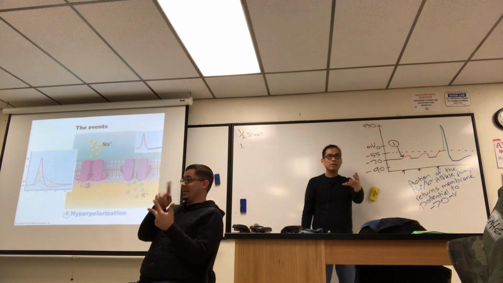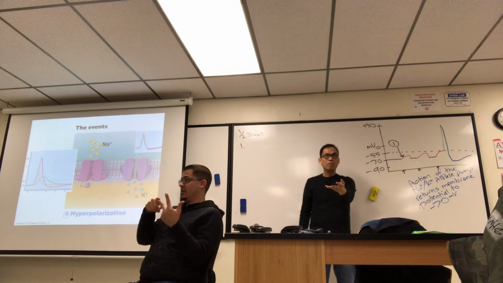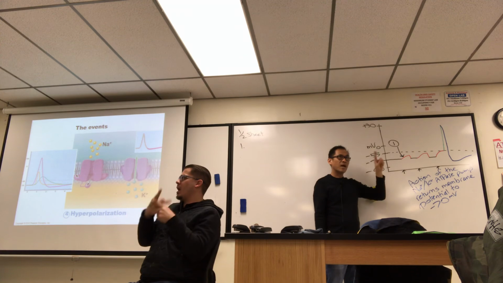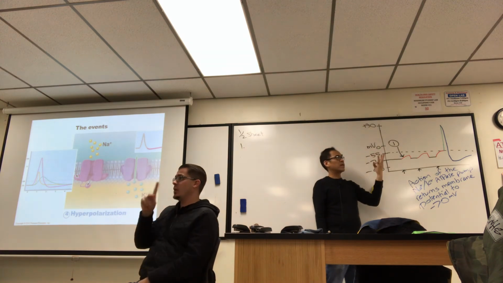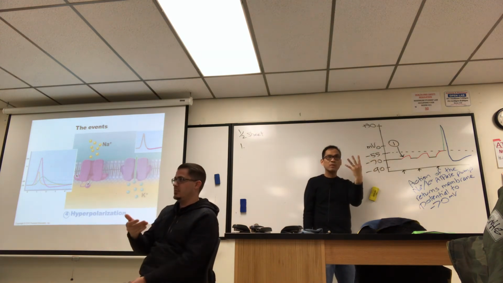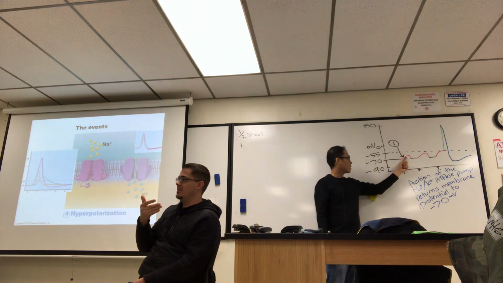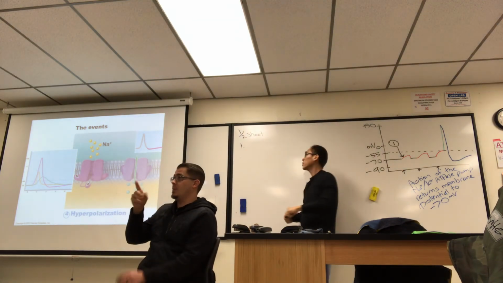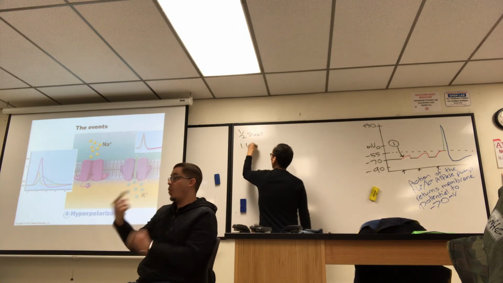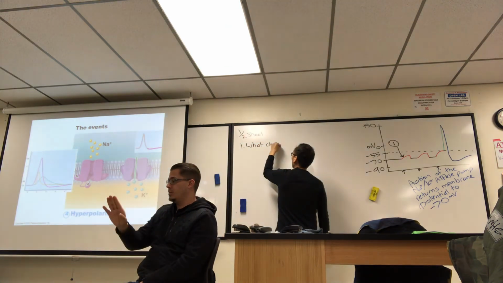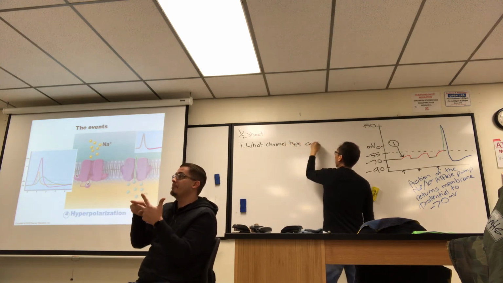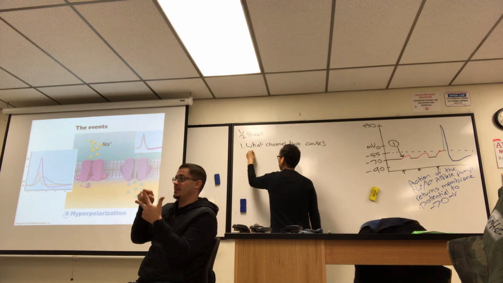You're like, what's the red thing? You're supposed to know. What kind of potential is that? Is it rest, threshold, is it graded, action? What's the right word? The red thing. It's a depolarization. It's a graded potential. So what I'm asking you for number 1, what channel type causes graded potentials?